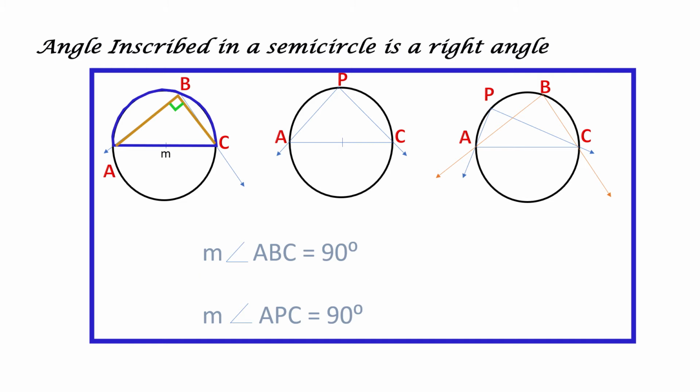So the measurement of angle ABC is 90 degrees. If you take another angle, angle APC, see in the diagram, angle APC is also 90 degrees. Why? Because it is situated in a semicircle, so it is also a right angle.